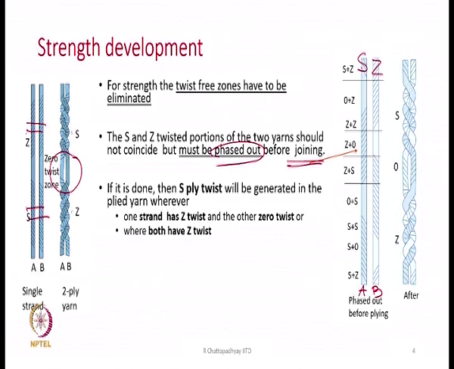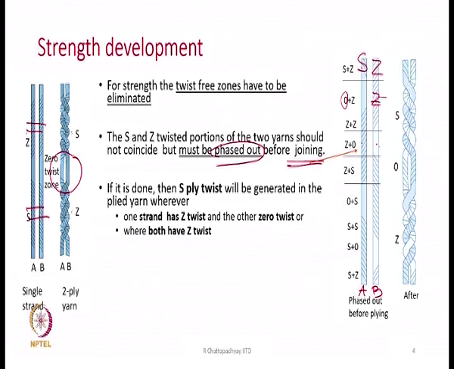Then there is a portion where there is no twist in this strand, it is 0, and the neighboring part of the other strand is having Z twist. So, it is 0 plus Z. Then there is a portion where both are having Z direction twist. Again, there is a portion where A strand is having Z twist, but B is having no twist.